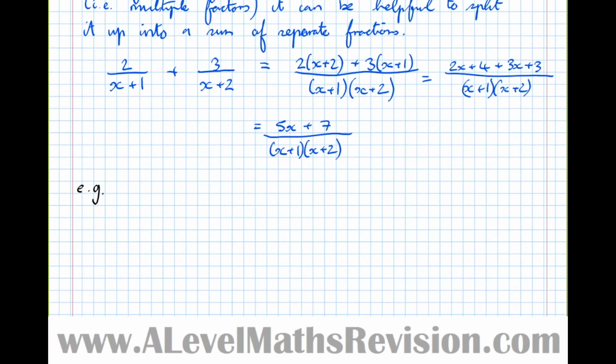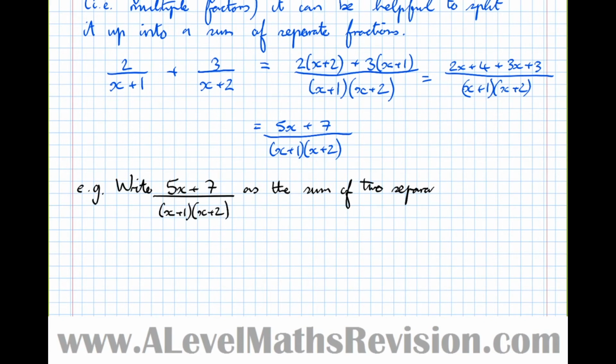E.g., write 5x plus 7 over x plus 1, x plus 2 as the sum of two separate fractions. So we know what the answer is going to be. We know the answer is going to be 2 over x plus 1 plus 3 over x plus 2. But it's how to get to the answer. That's the important thing.